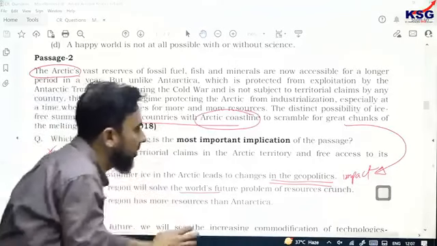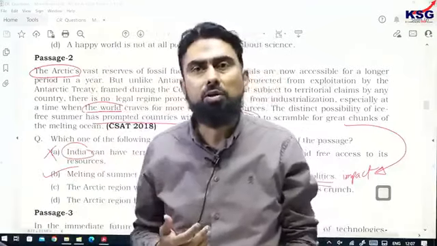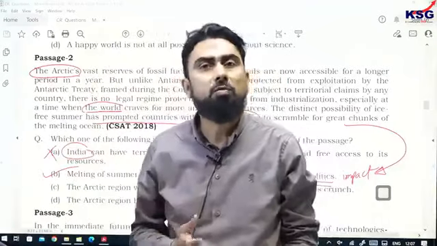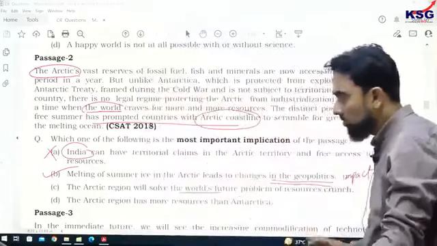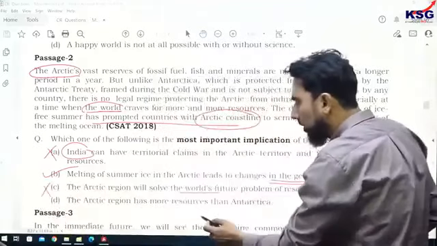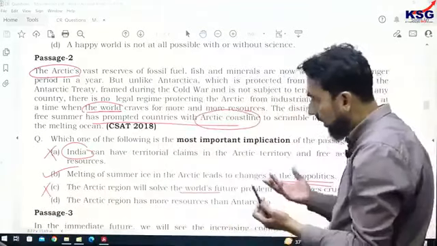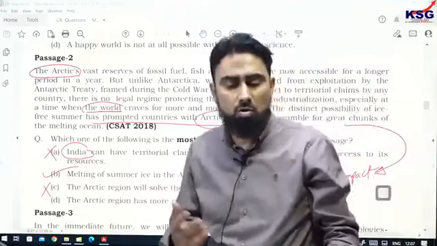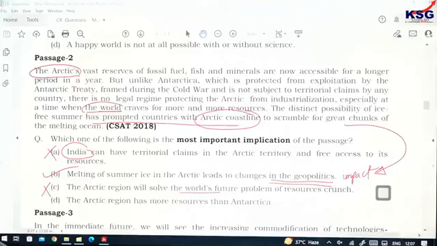However, this does not give you the clear picture whether the Arctic region and the resources found there will be sufficient to sort out the need of the entire world. So option C is again wrong. Last option says the Arctic region has more resources than Antarctica. In fact, no comparison has been done. So it is again neither the solution nor the impact. So option B was the correct answer, and it is because it talks about the impact.